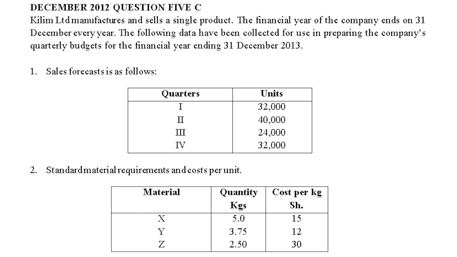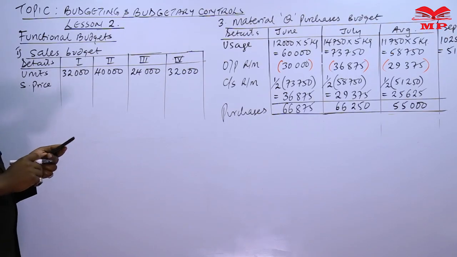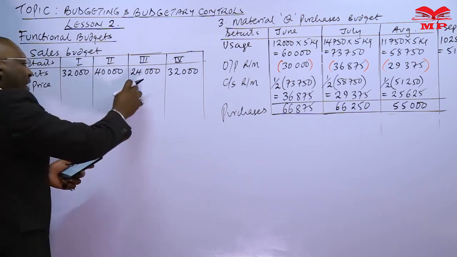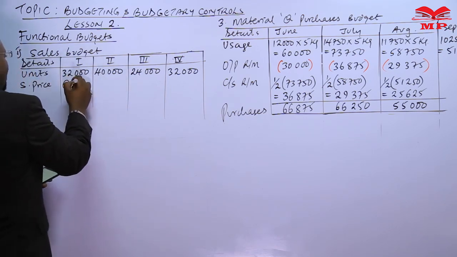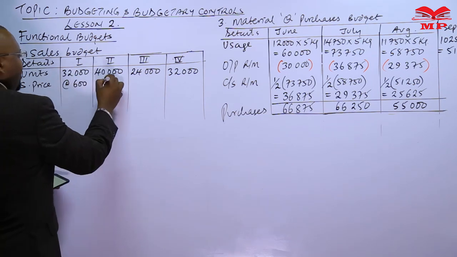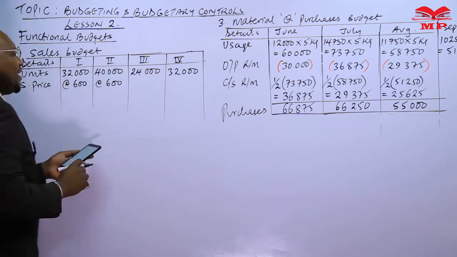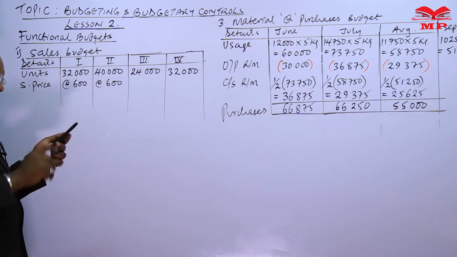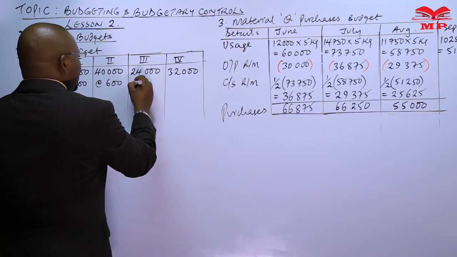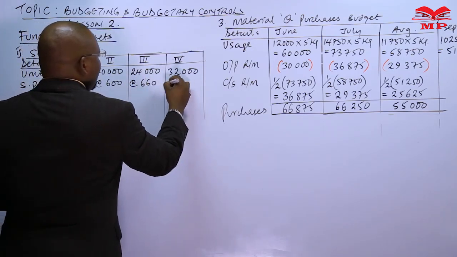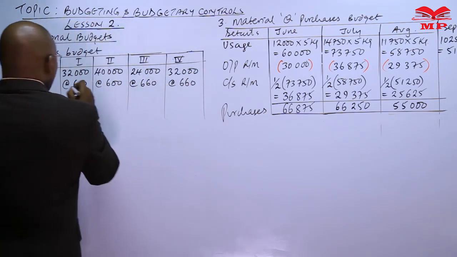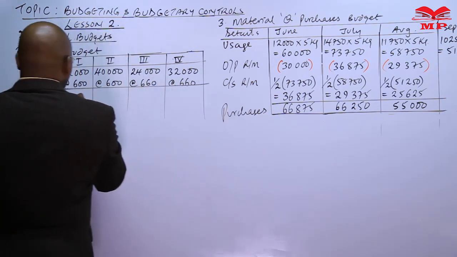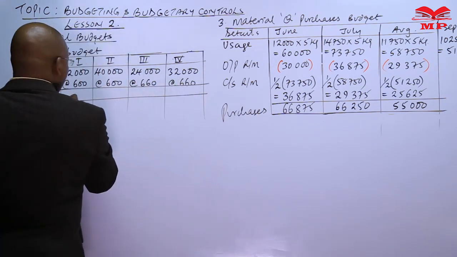So 1st July is in the 3rd quarter. First quarter is January to March, then April to June, then July. So therefore here it is each at 600, each at 600. But when we come to July onwards, it shall be increased by 10%. So this is going to be each at 660, each at 660.